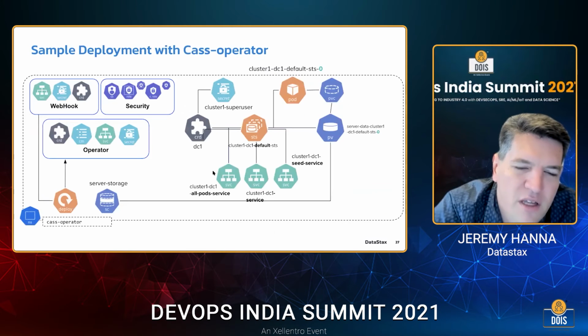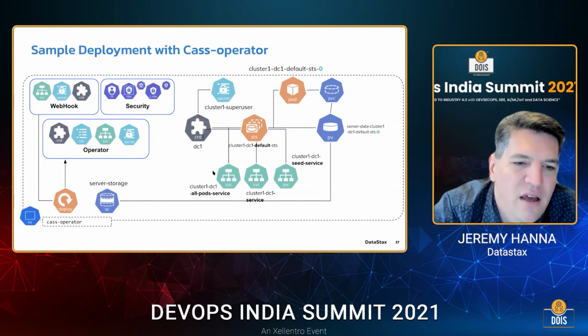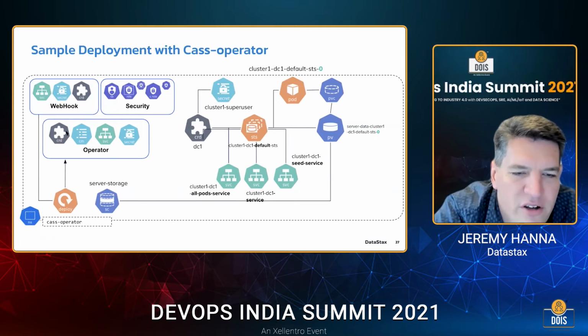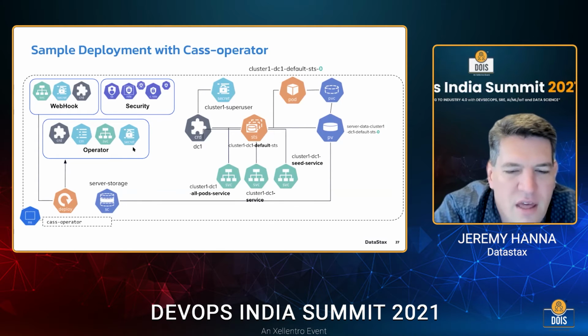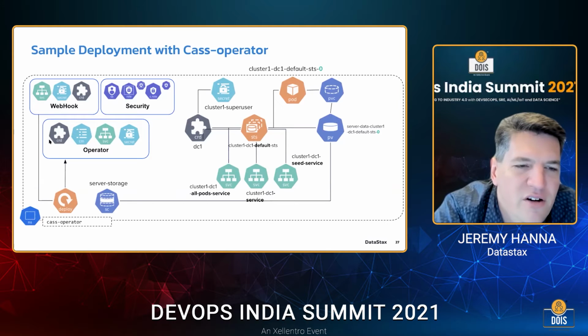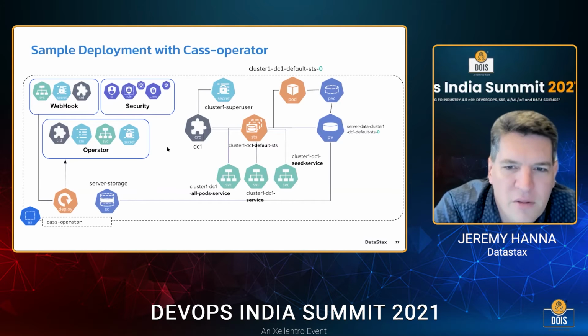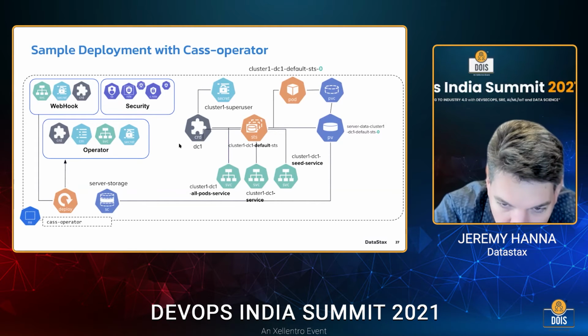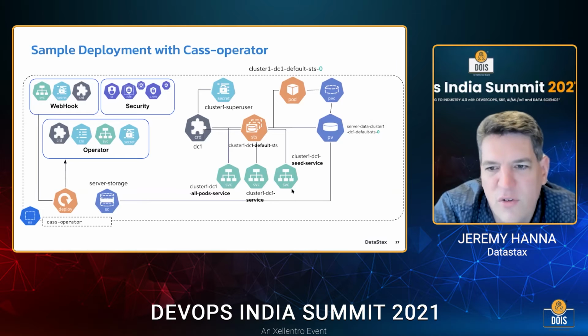And that's what the operator is doing behind the scenes. You have the operator here, with the secrets and the services and all of that, and the CRDs. And then you have all of the services over here. And so there's a seed service, for instance.